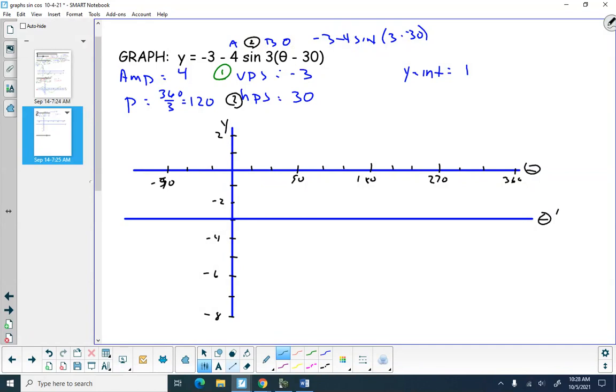We have our theta start, which is our horizontal shift, and then we have the trig function, sine or cosine. Rachel, are we starting on the prime axis or at peaks and valleys? Prime axis. So on the prime axis at 30, we have our first point.